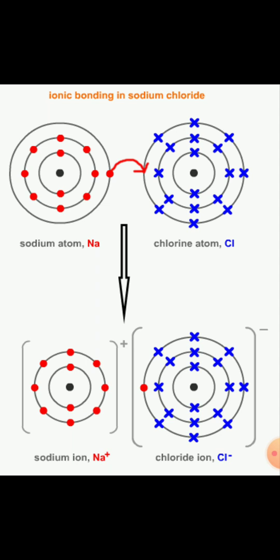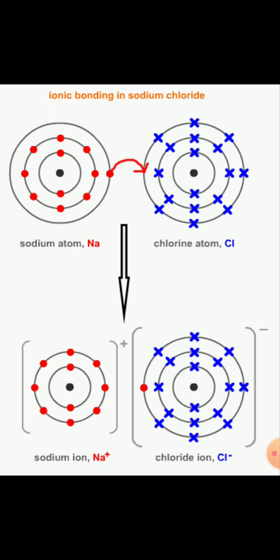Please remember this definition of ionic compounds. They are also called electrovalent compounds. What are they? The compounds formed by the transfer of electrons from a metal to a non-metal are known as ionic compounds or electrovalent compounds. It is very easy.